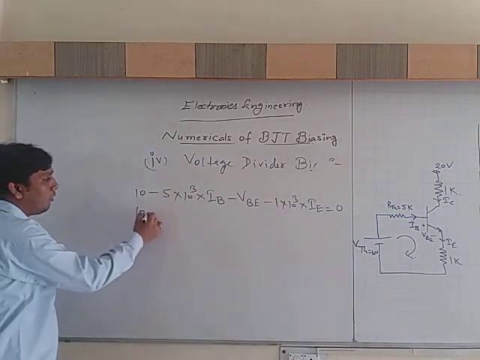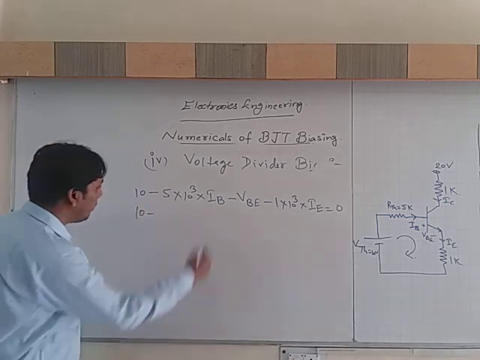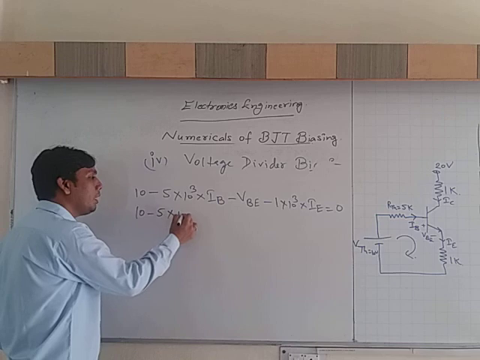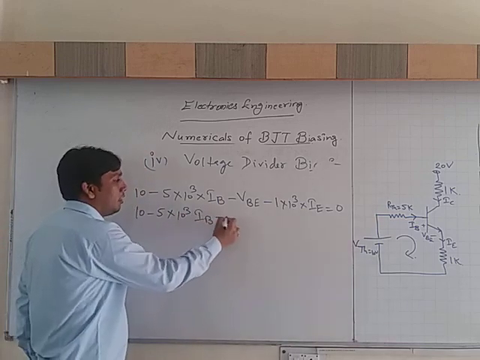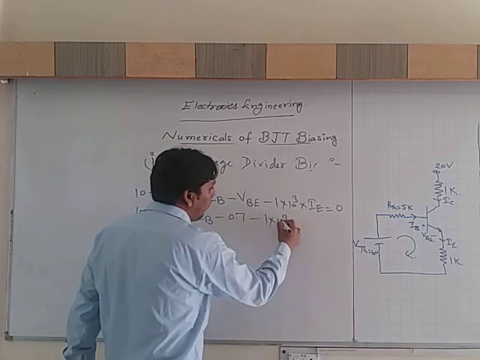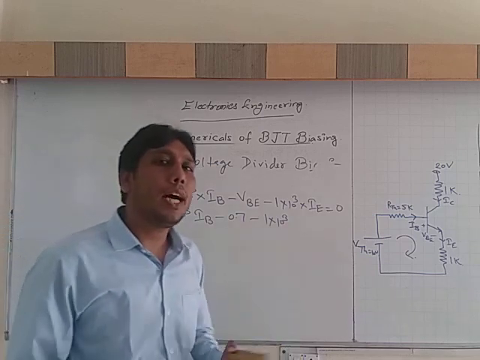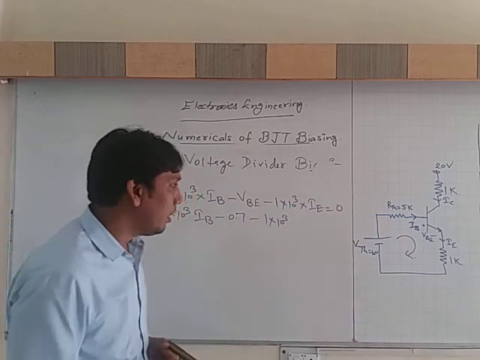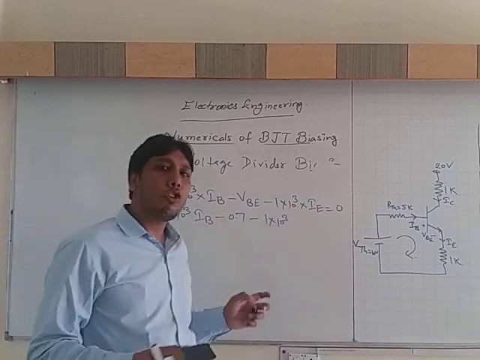Now we can put the value of VB, as the given transistor is silicon, so VB will be 0.7. We just replace the value of IE with (1 plus beta) IB, and in the question beta is given as 49.